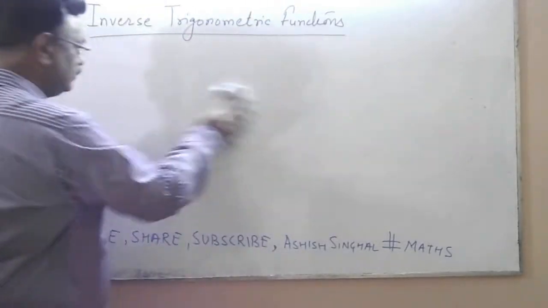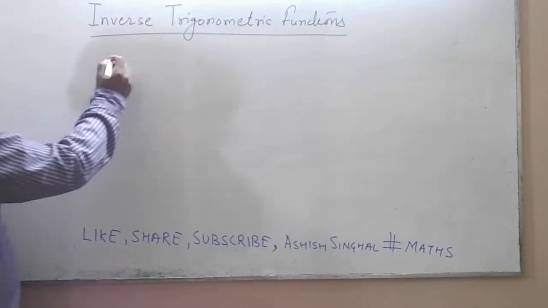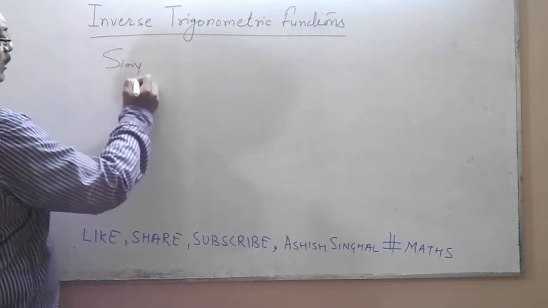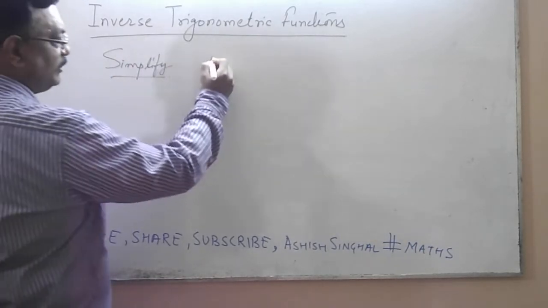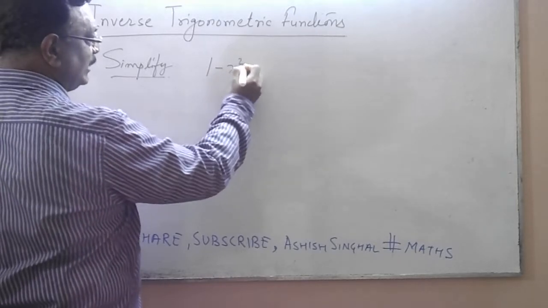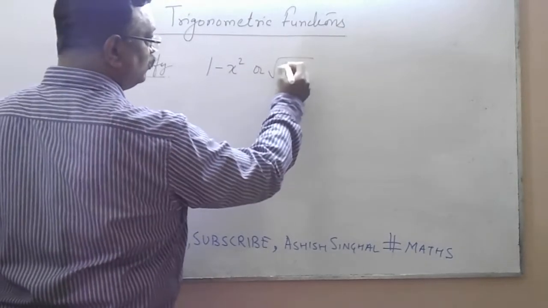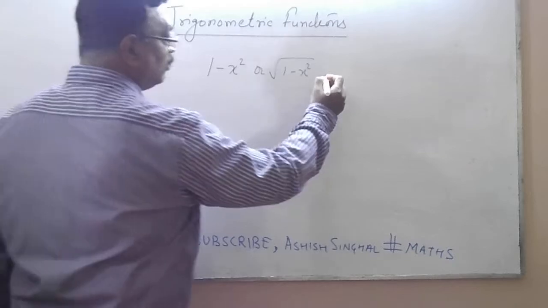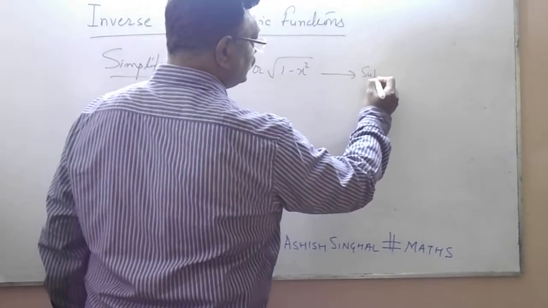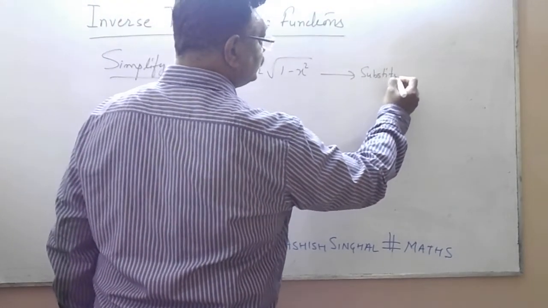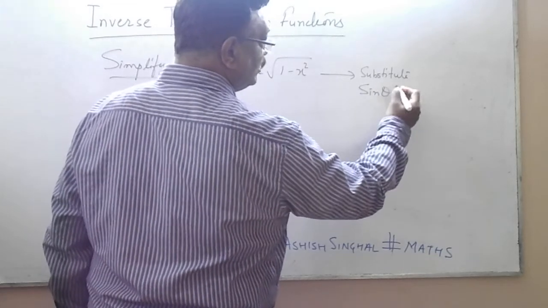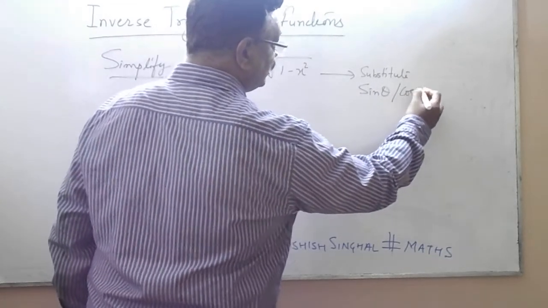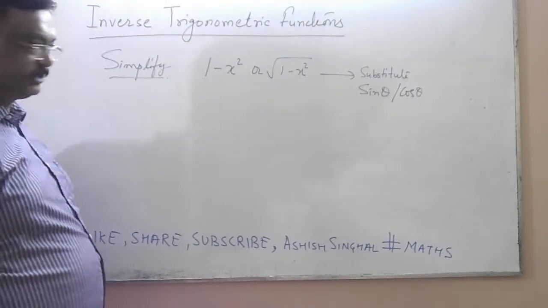Whenever you have to simplify any trigonometric function, if it is 1 minus x square or root 1 minus x square, always substitute sin theta or cos theta to simplify the function.